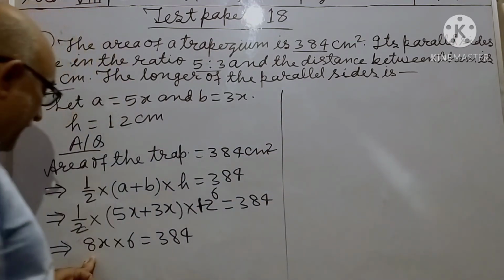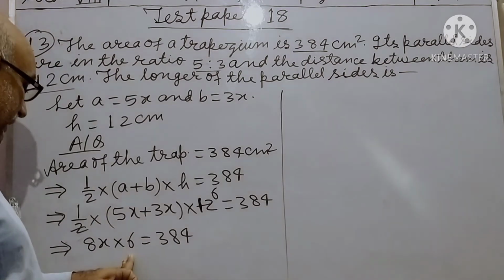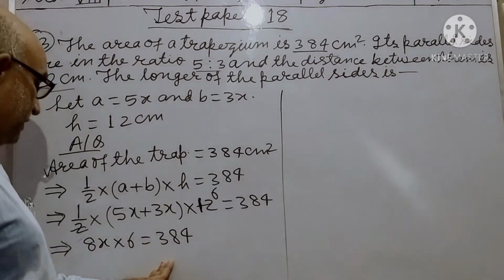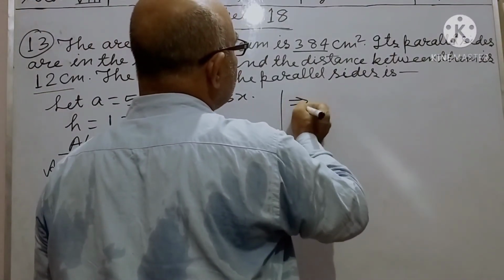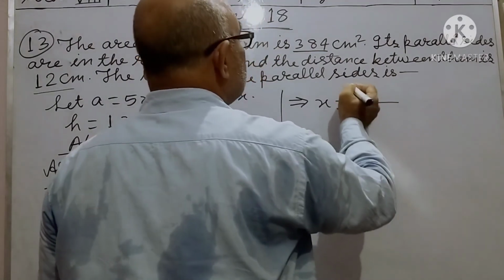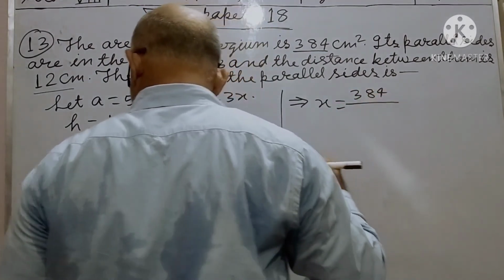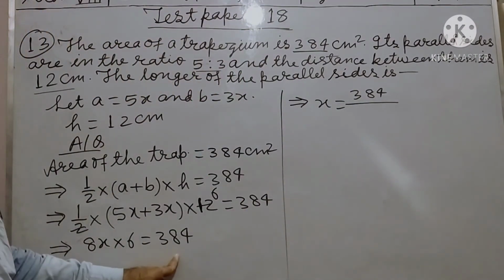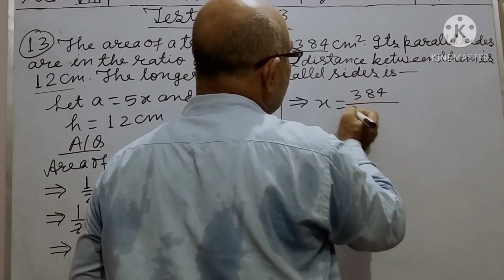Now x equal to, here 8 into 6 is multiplied, by transposition it is changed into divide. So that implies x equal to 384 by 8 into 6.